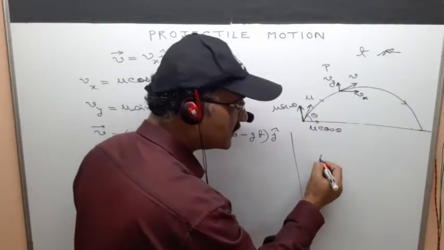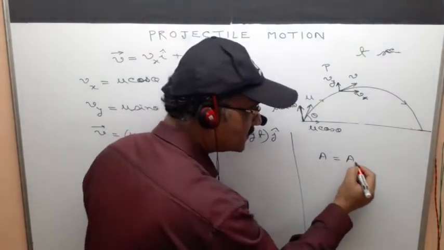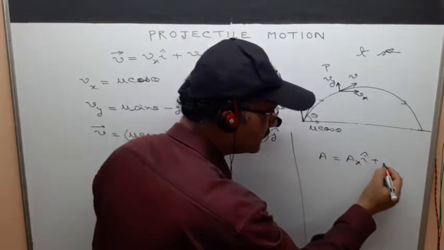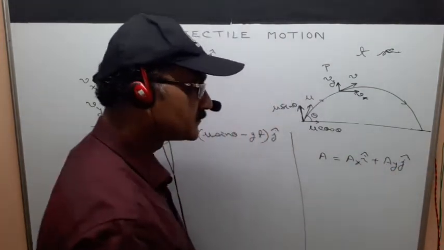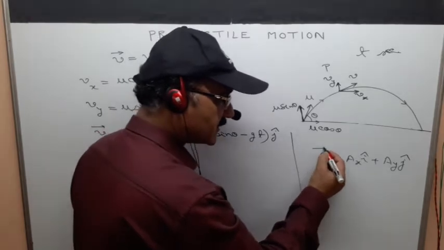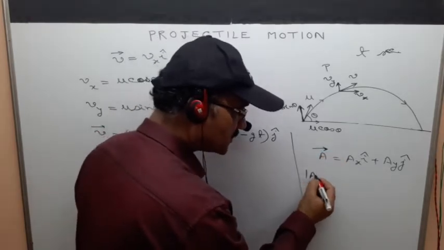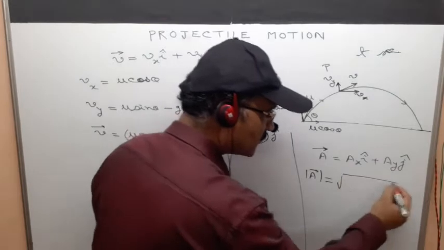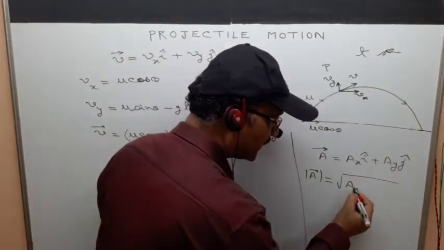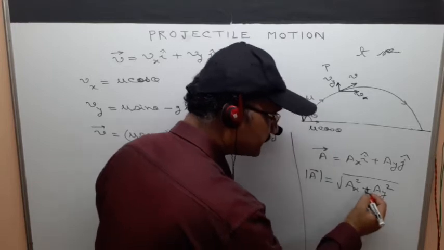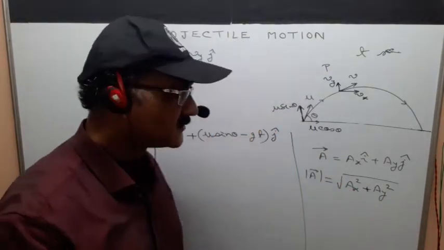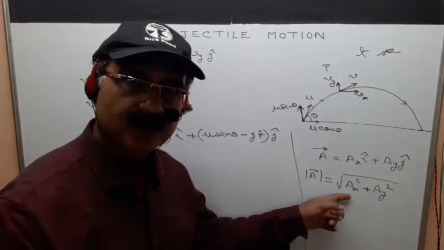Let me do it here. If you have a vector A which is given by ax i cap plus ay j cap, this was a vector A. What is its magnitude? Square root of ax square plus ay square. From vector you remember this, right?